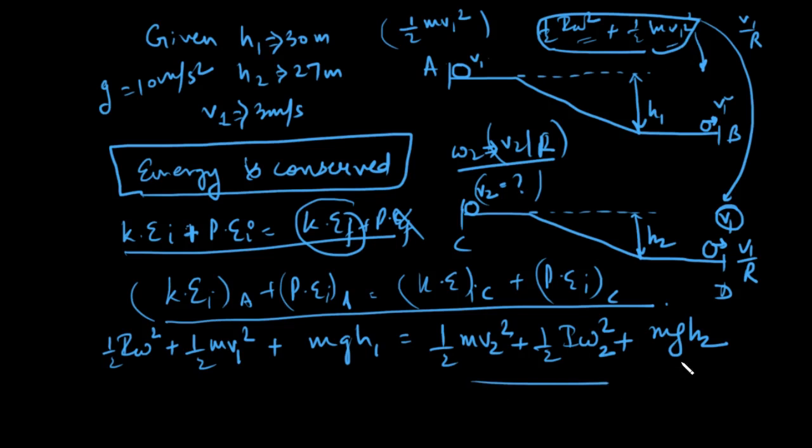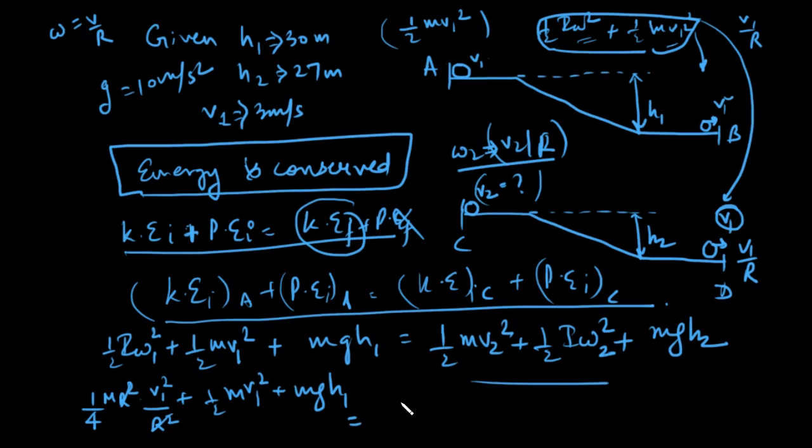Initially it is not. We have this equation. So you see omega is v by r, and this I is half m r square for a disc. So we have 1 by 4 m r square times omega square, where omega is v1 by r. R gets cancelled, plus half m v1 square, plus m g h1.